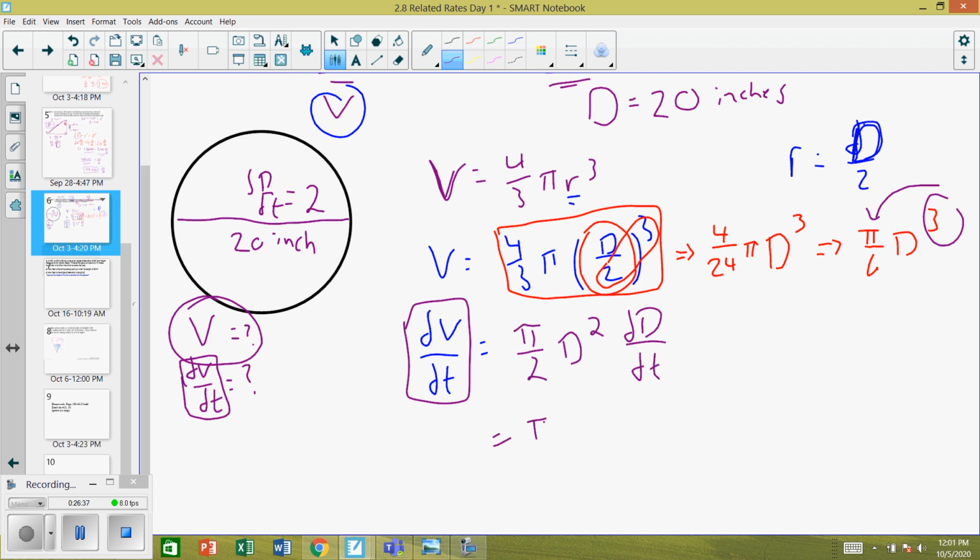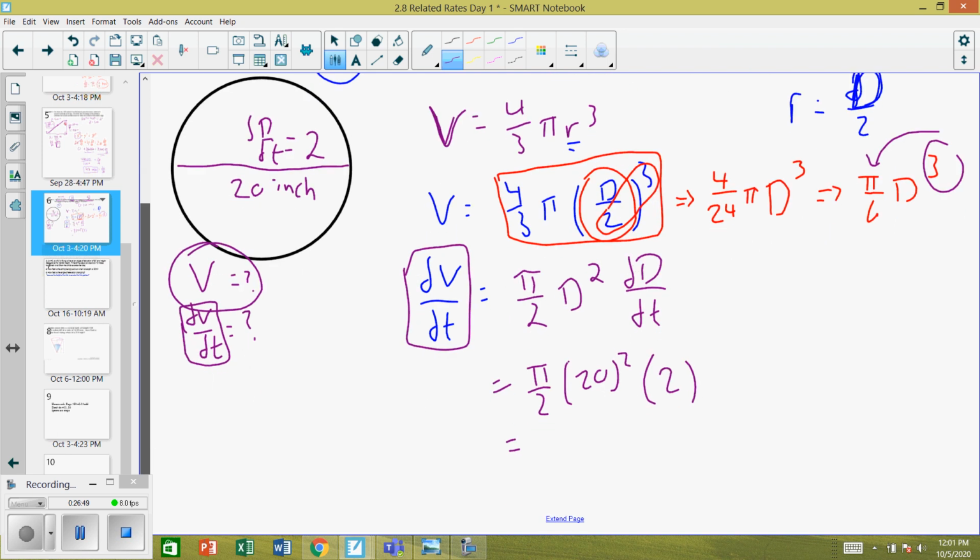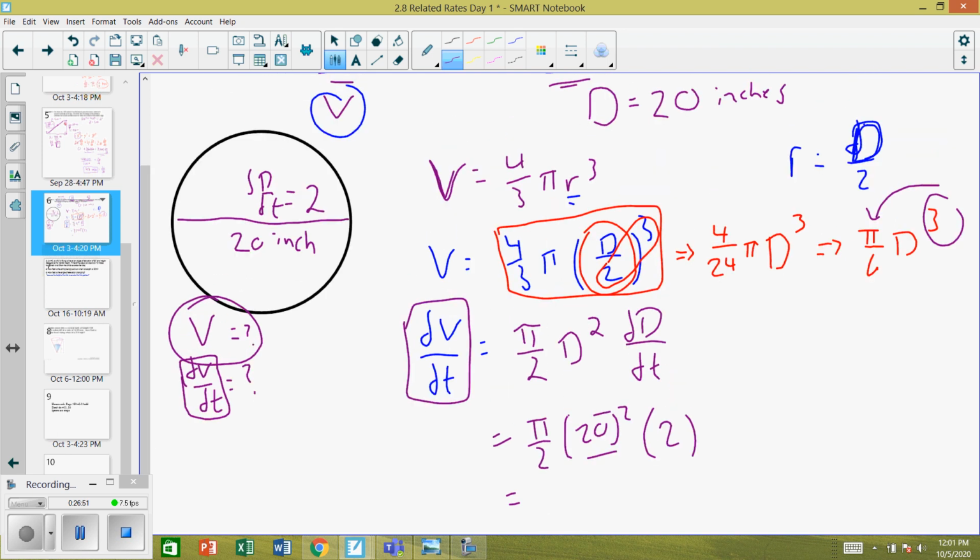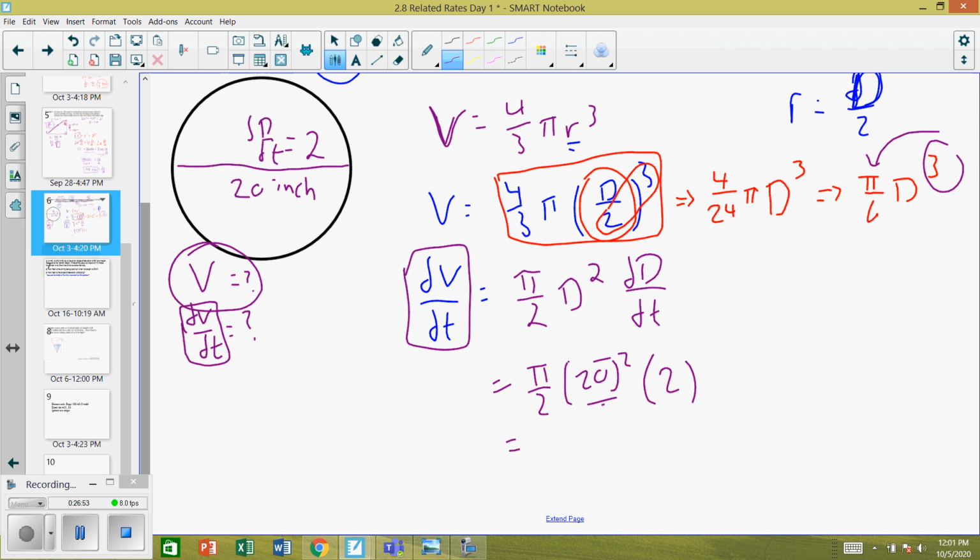This is going to be pi over 2. I know the diameter at this given time is 20. And it tells me that dD over dt is always 2. So what this equals is 20 times 20 is 400, times 2 is 800, divided by 2 is 400 pi.